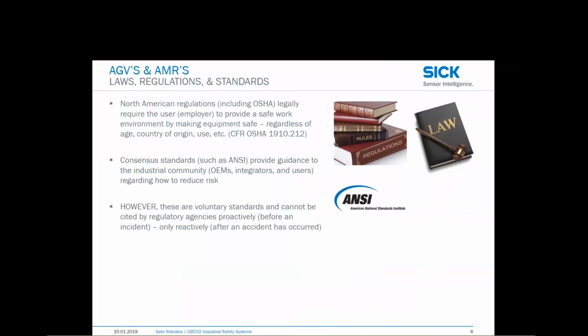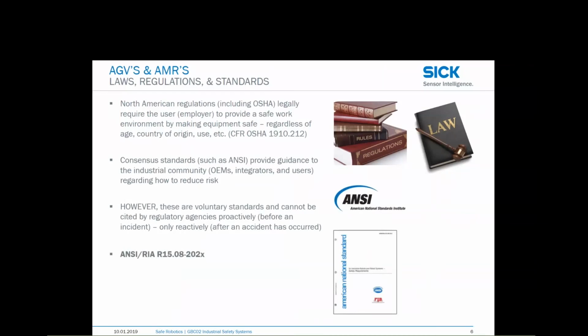There's no requirement, but they do provide a very well thought out, state-of-the-art, industry-accepted methodology for doing this properly. And therefore, by complying with the tenets found in these consensus standards, you can go a long way to ensure that you've met the requirements set forth in OSHA.